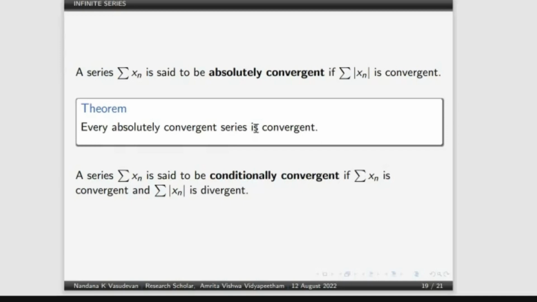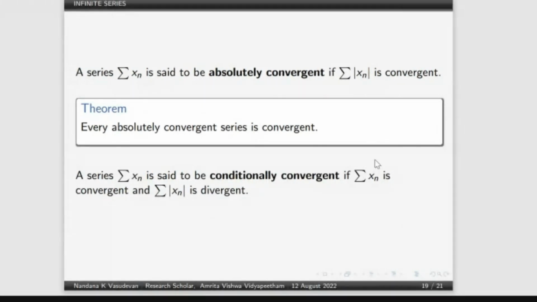In case it is convergent, I'll give you an example of a conditionally convergent series. We are taking the summation of minus 1 power n by n. The modulus of that term is 1 by n, right? So if I'm taking the sum, it is the sum of 1 by n, which is my harmonic series, which is divergent.